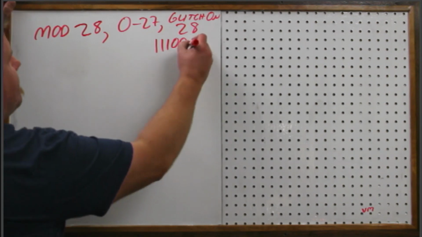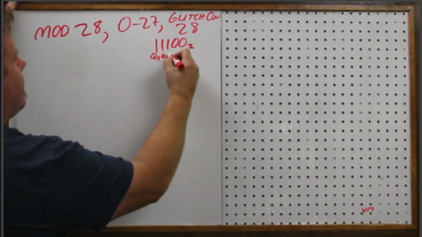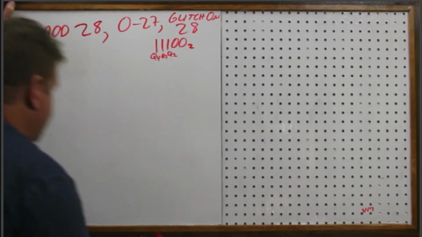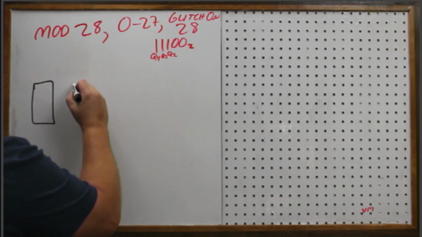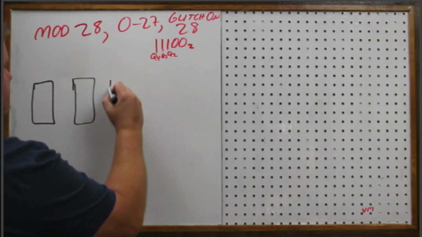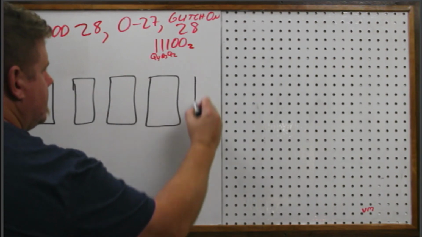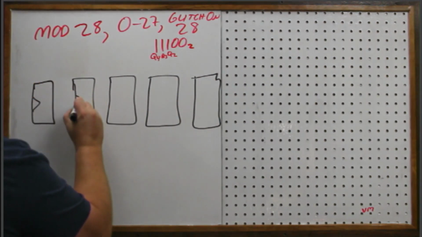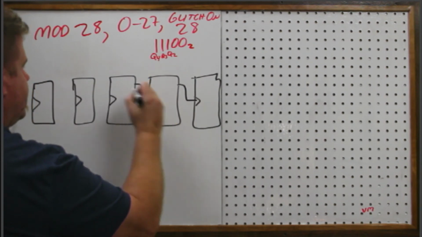28. So there's the binary. So I'm looking for Q4, Q3, and Q2. I don't care about Q1 and Q0. So here we go. I got to leave myself room for 5 of these. I'm doing this every time just so you can see.